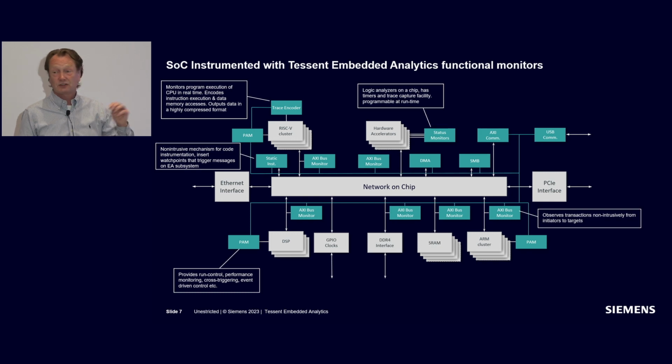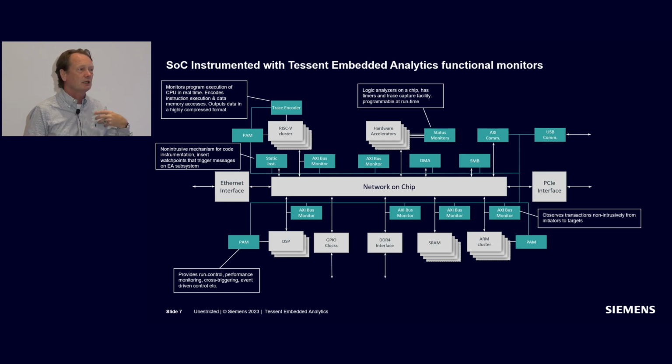Now, this is an example of some of the different monitors that can be integrated into your design. What ties all of this together is what's shown in these little teal-colored wires here, which is the messaging infrastructure, the dedicated infrastructure that allows you to configure and capture data from all of these instruments in real time.